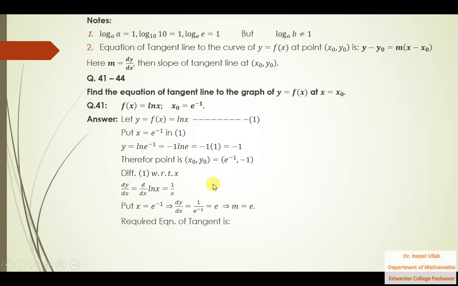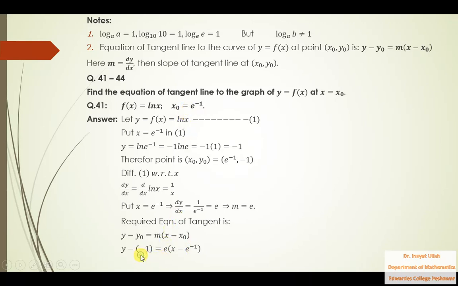Now equation of tangent is y minus y naught is equal to m into x minus x naught from here. Now putting the values of x naught, m and y naught in this equation. Y naught is minus 1 from here, so that is minus 1. M is e from here, and x naught is e power minus 1 from there.